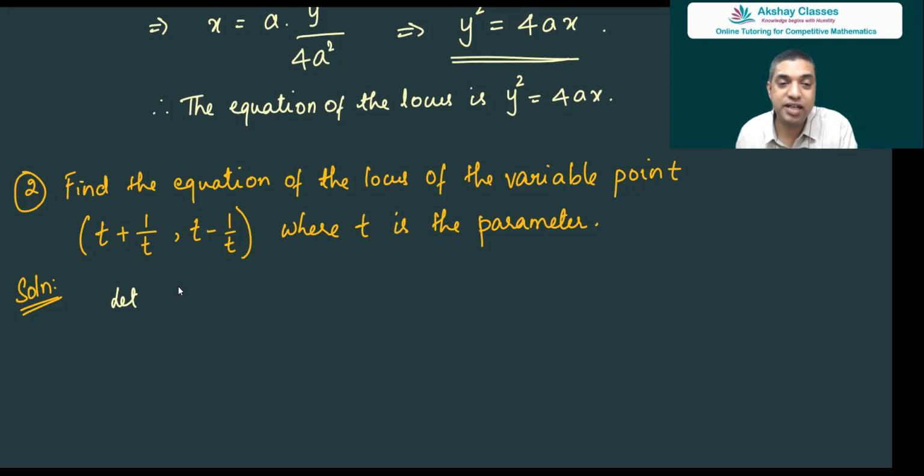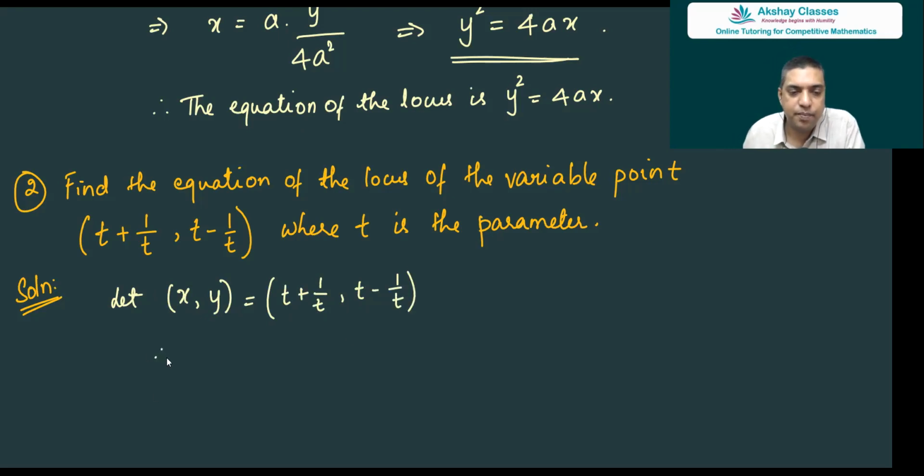We have to eliminate t. So let x comma y be equal to t plus 1 by t comma t minus 1 by t. So x is t plus 1 by t and y is t minus 1 by t.